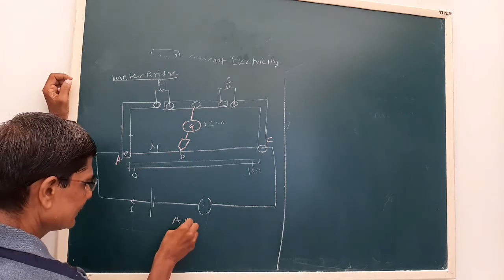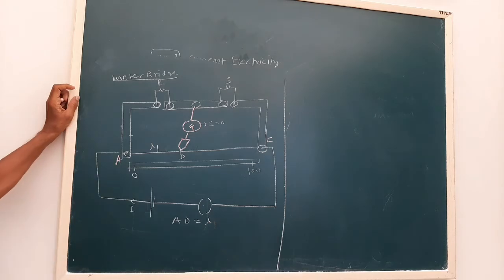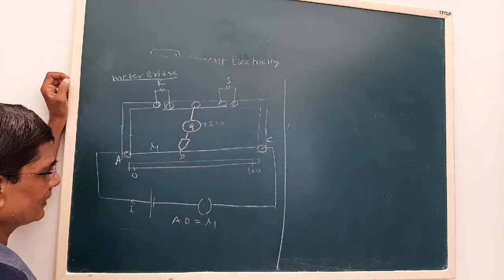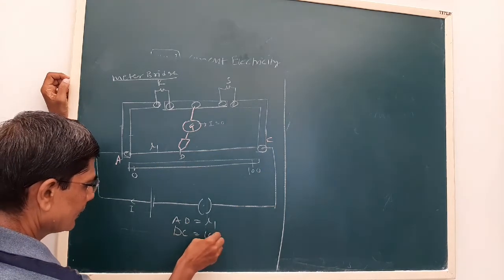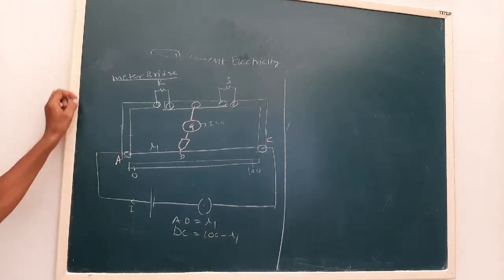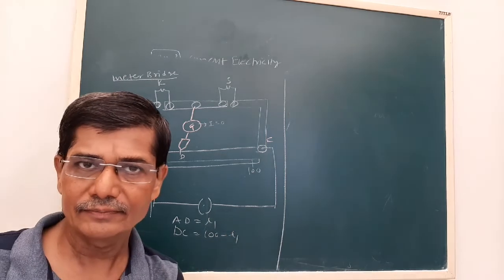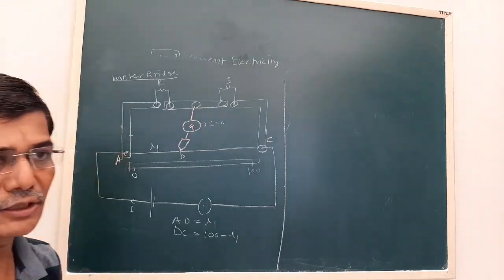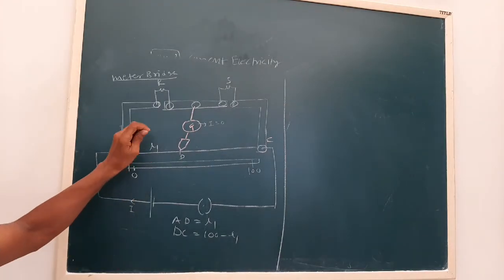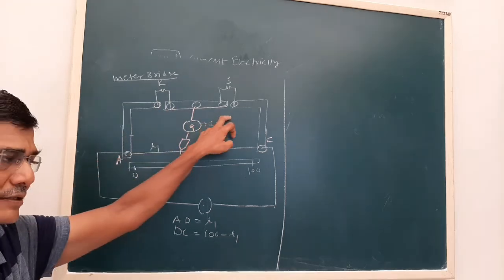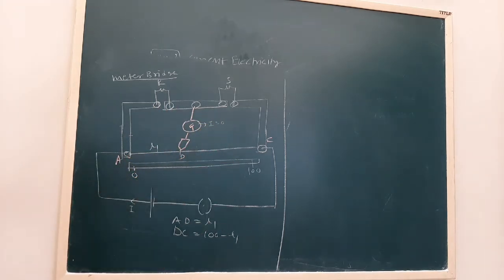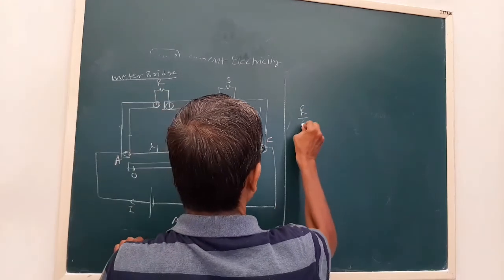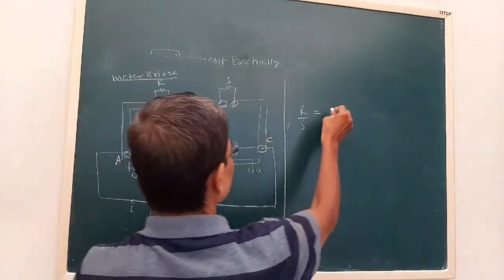Let us say AD is L1. CD or DC part is 100 minus L1. Now 4 resistors are there. We have seen in the balance condition of the Wheatstone bridge, R1 upon R2, this is R upon S, should be equal to AD upon DC. That is R upon S is L1 upon 100 minus L1.